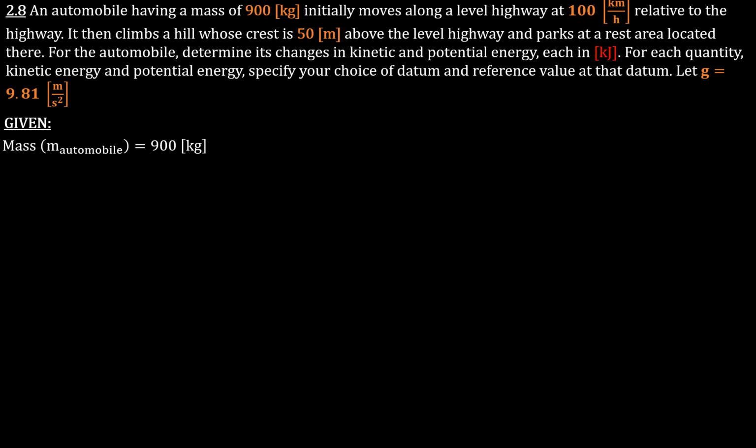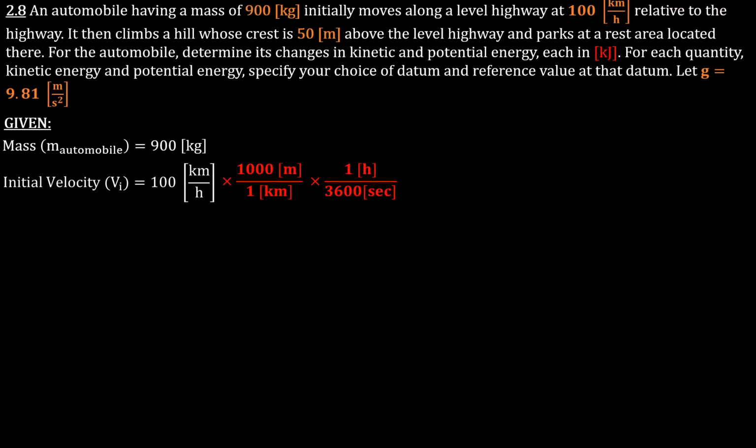So what are we given here? We are given a mass of the automobile of 900 kilograms. Its initial velocity is 100 kilometers per hour. To keep our units consistent, we will use the two conversion factors to convert from kilometers per hour to meters per second.